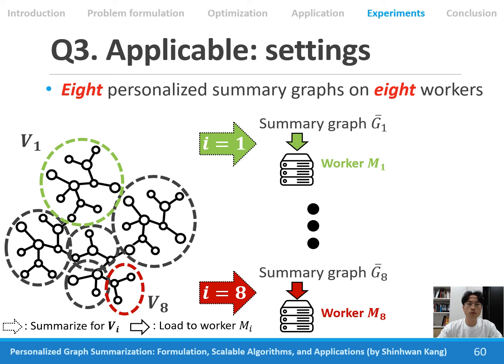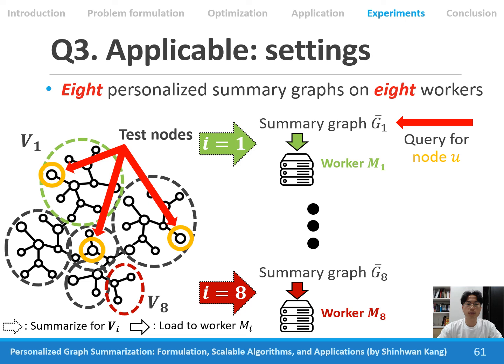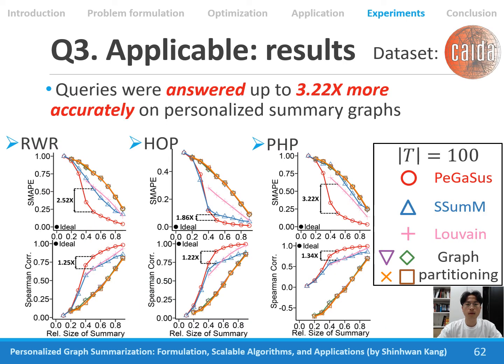In order to show the usefulness of Pegasus for distributed multi-query answering, we obtain 8 summary graphs personalized to 8 communities in each graph. Then we answered each query using the summary graph personalized to the community that contains the query node, as explained earlier. The answers from the personalized summary graphs are compared with the answers from baseline approaches.